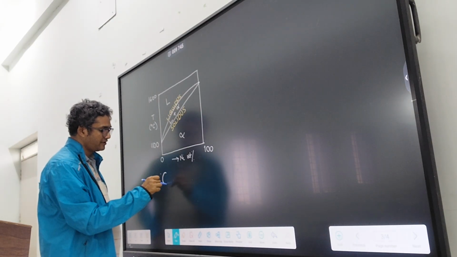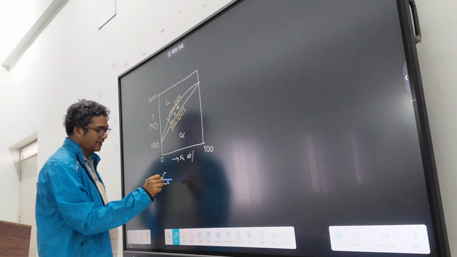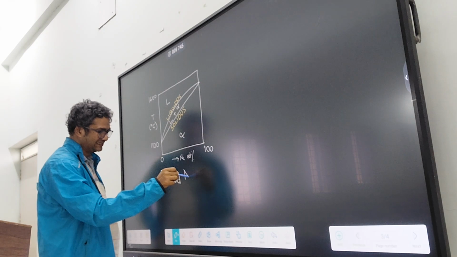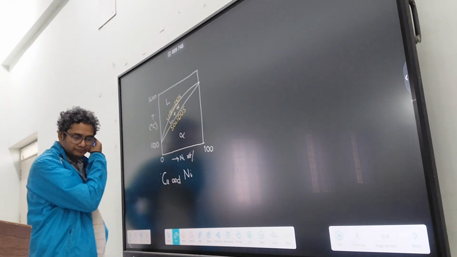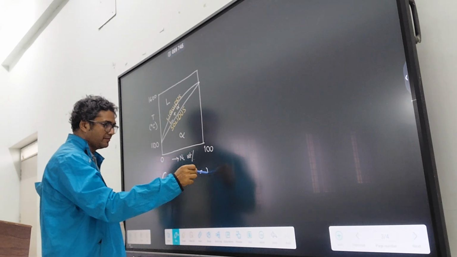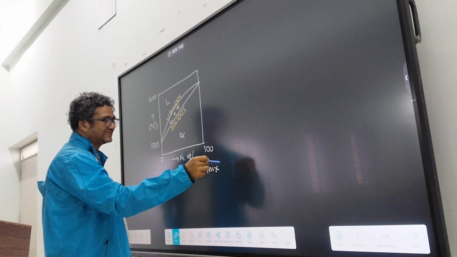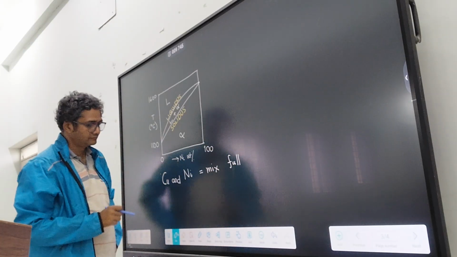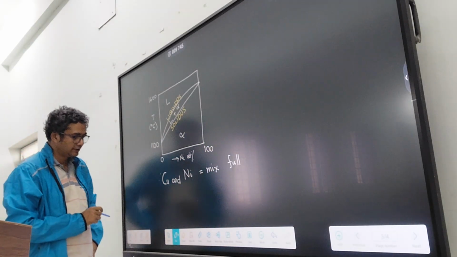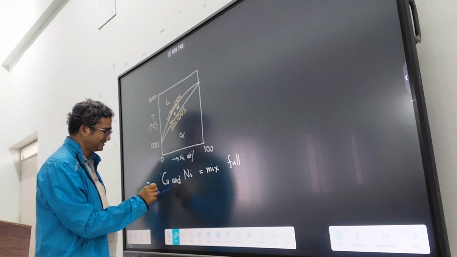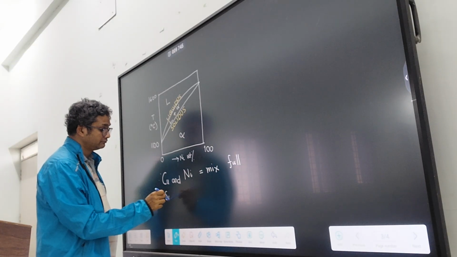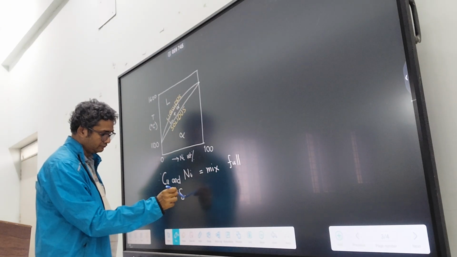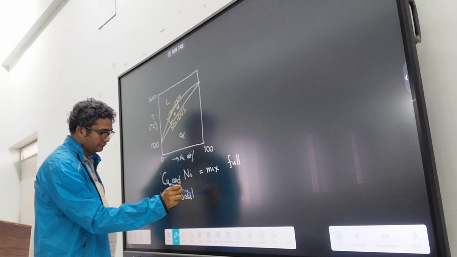So the copper and nickel mix, so basically they are a solid solution, or alloy, whatever.